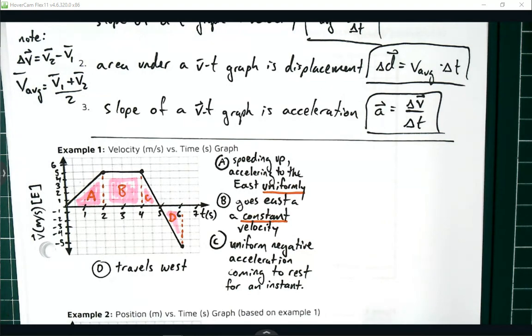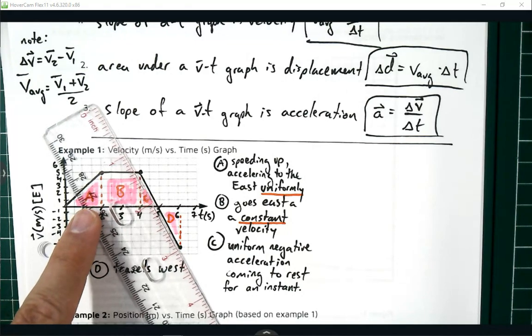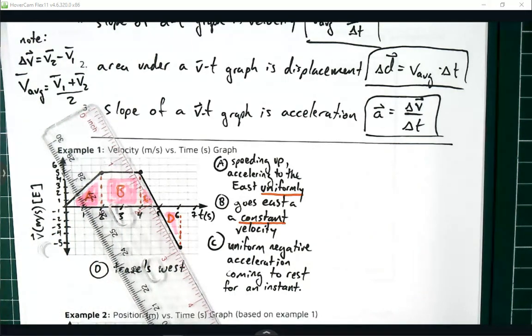It's accelerating. And actually, here the thing is, when I lay my ruler down here, you notice that for portion C, we're saying that it has negative acceleration. Now, you got negative acceleration and you're traveling to the east. That's going to slow you down. But if you've got negative acceleration, a negative slope, and you're traveling to the west, what's that going to do for you? Speed you up, yeah.